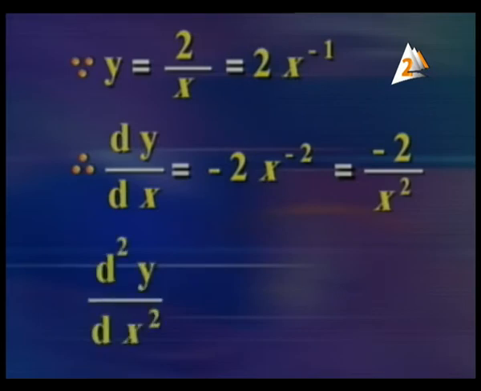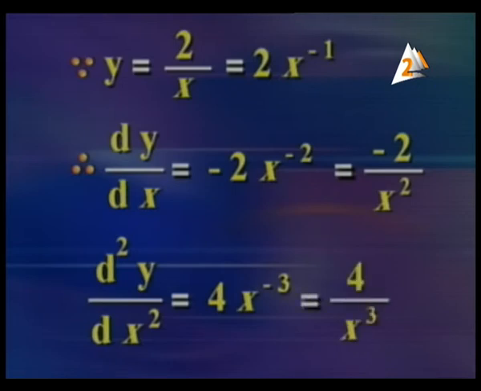Also, we find d²y/dx². d²y/dx² equals what? Negative 2 times negative 2 equals 4x^(-3). The answer is 4x^(-3), or 4/x³.